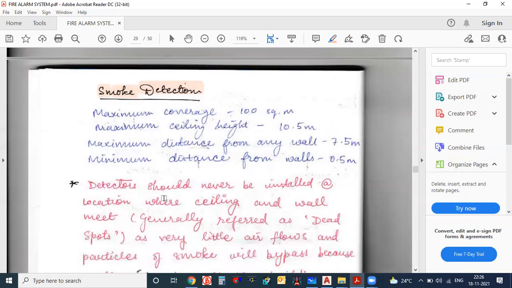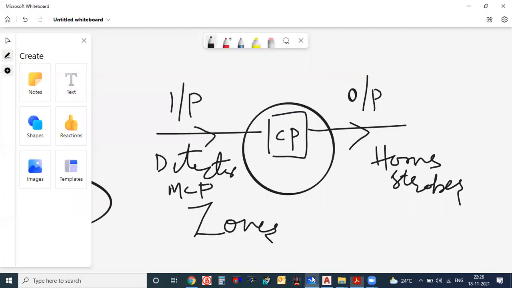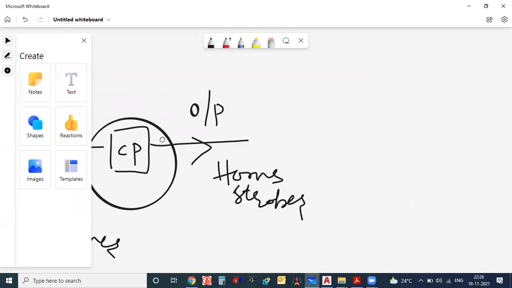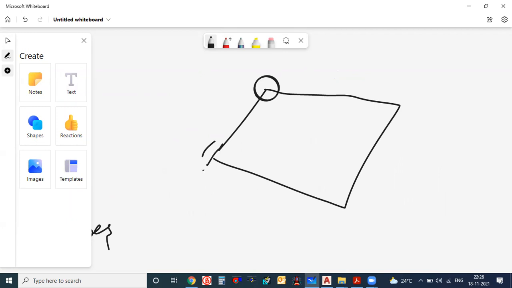So this is also an important point. Detectors should never be installed at locations where ceilings and walls meet, generally referred to as dead spots. Since this point is a little bit important, we have highlighted it in red. What is the meaning of dead spots? Suppose this is our ceiling, for example. So there are 4 dead spots: 1, 2, 3, 4.